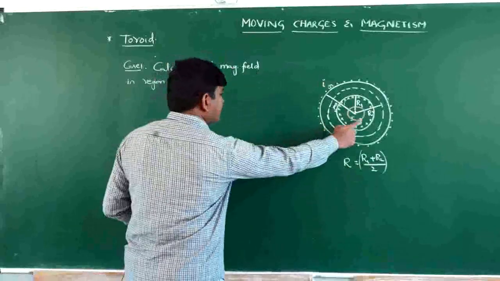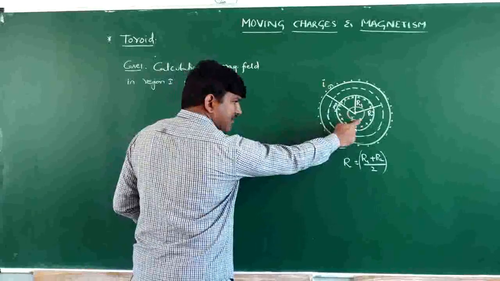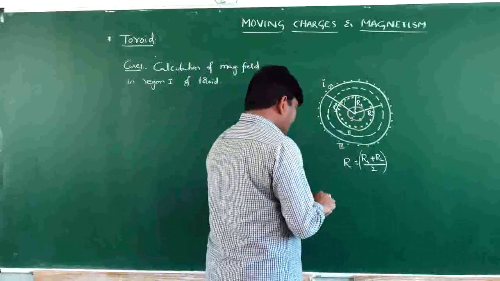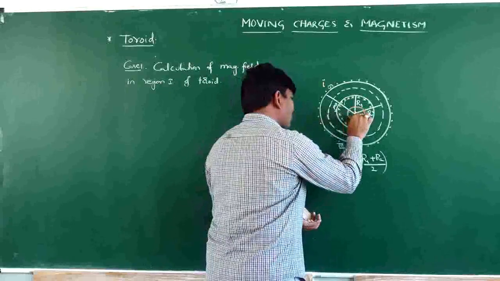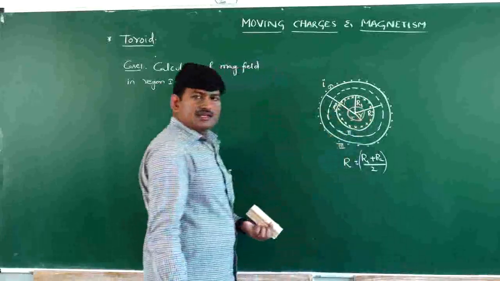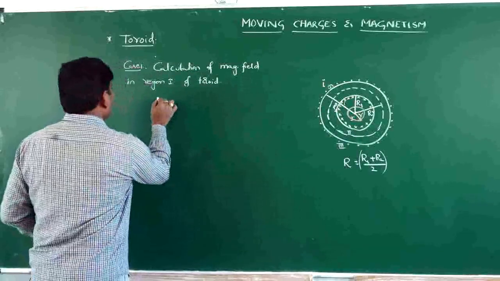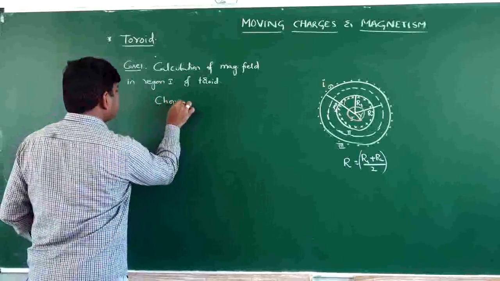So, this is the point where I want to calculate the magnetic field. Therefore, construct an Amperian loop like this. Let the radius of this Amperian loop be small r. Now, what have we chosen?